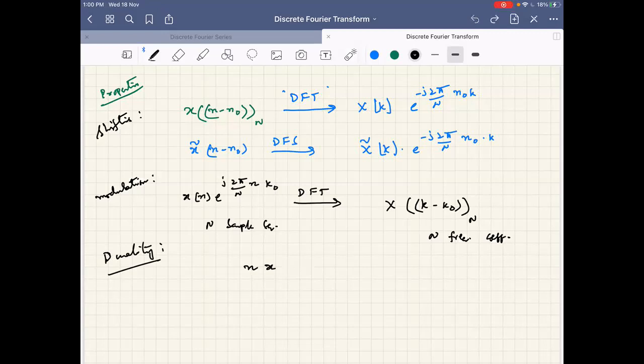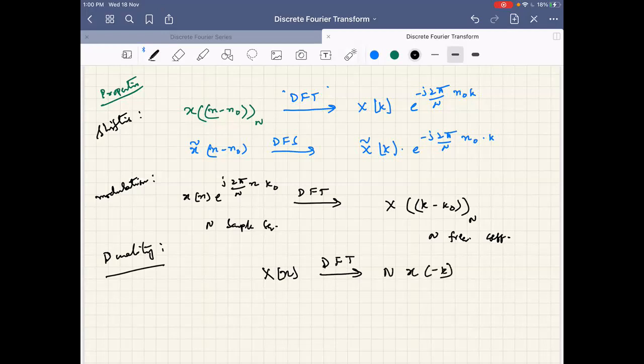If you remember the duality expression in DFS, how did we write? We have written that if we take initially the frequency quotients to time domain and then apply the discrete Fourier series, here it is for a discrete Fourier transform, what we get is n times x of minus k.